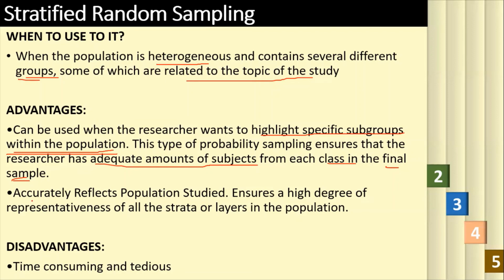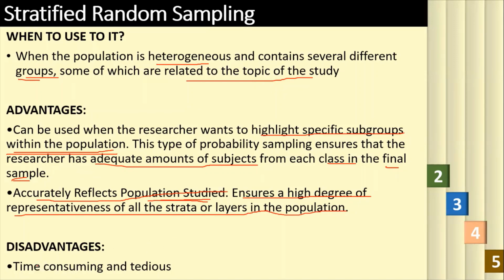Also, advantage is it accurately reflects the population, tungod kay nakita man nimo ang tanan groups nga naa sa population. Also, it ensures a high degree of representativeness of all the strata, layers, or groups in the population.